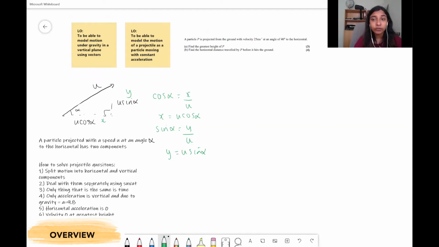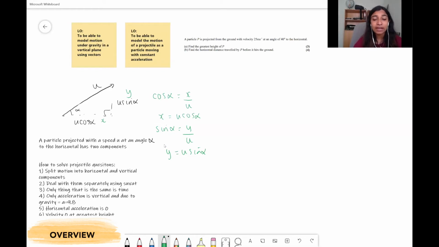When you're solving projectile questions, once you split your motion into horizontal and vertical components, you deal with the horizontal components first using CVAT, and then you deal with the vertical components separately. The only thing that will be the same between the two is your time, because your time won't change whether you're going in the horizontal direction or the vertical direction.